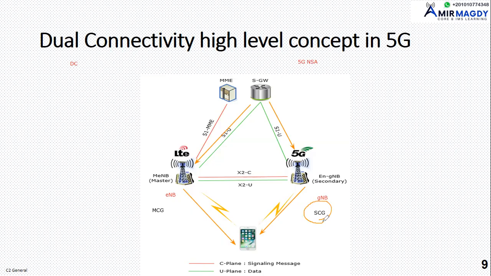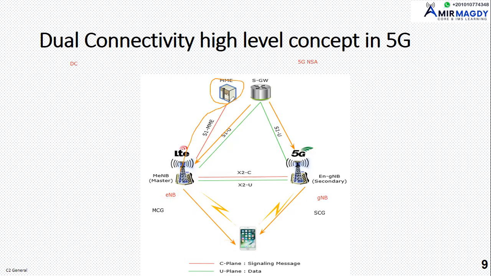So a common question here: does the MCG, or the master cell group, handle both signaling and traffic? The answer is yes. The SCG only handles traffic. So if you want to open a session, you will first send your signaling to the E node B, and from the E node B to the MME.